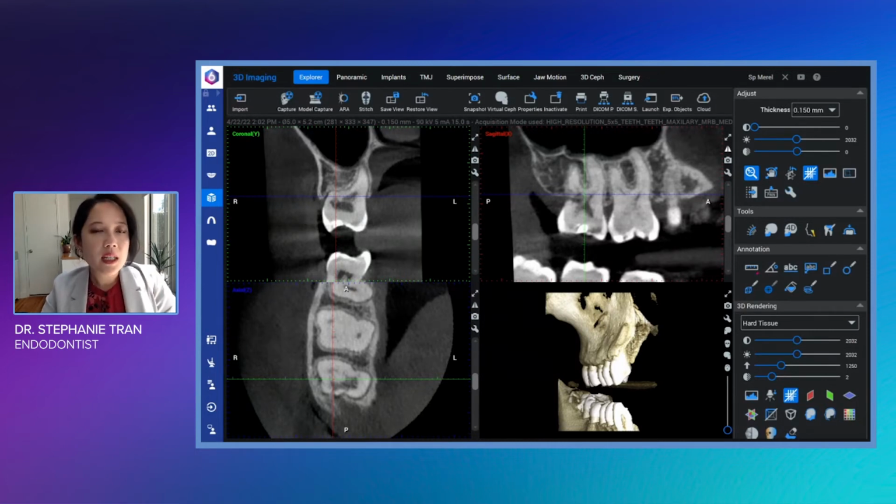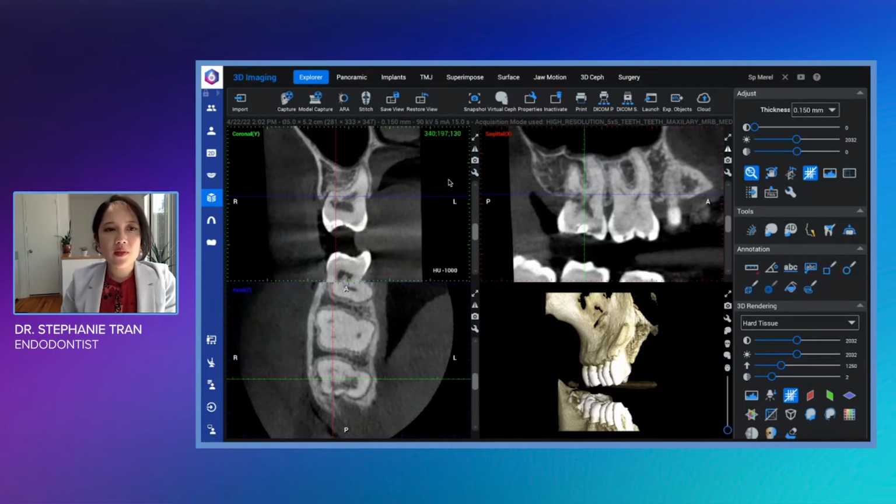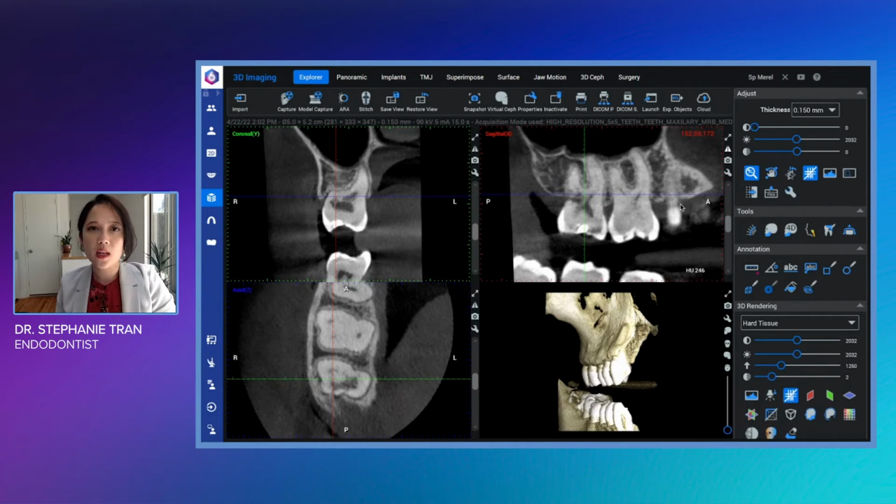Remember, if we suspect there is external cervical resorption or other resorption defects of a tooth, a CBCT is absolutely necessary. So in this case, we definitely want to center everything on the tooth. Keep in mind that in endodontics, unlike surgical CBCTs, we have a very focused, targeted look at just the tooth in question.